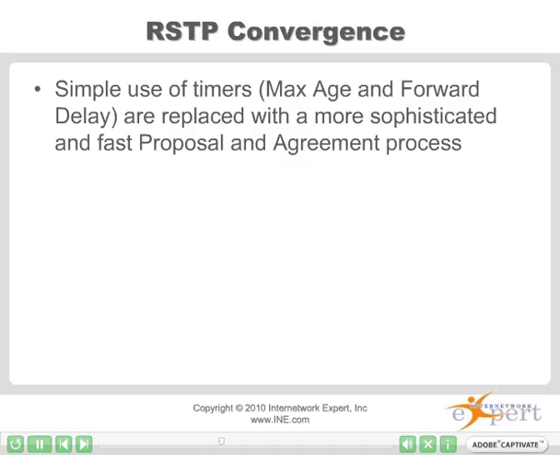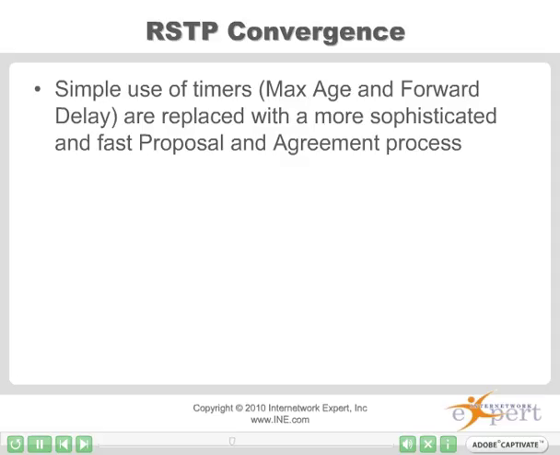The proposal and agreement process, by the way, relies upon full duplex point-to-point connections between all your switches. And that's no big deal, because I don't think there's an engineer out there in the audience right now that would want to connect their switches, the key fabric of their infrastructure, using half duplex connectivity.